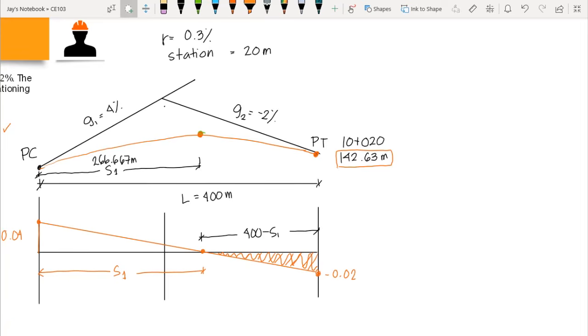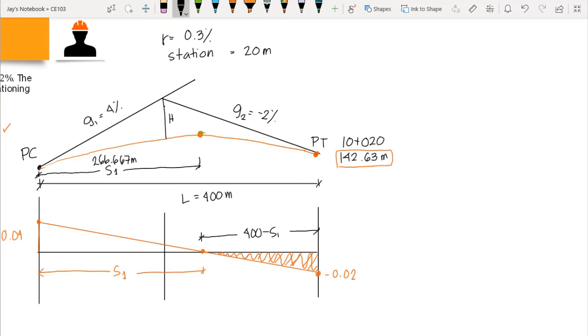Okay, so we will be computing first the value of H, this one, and then we use the square property of parabola, in which the relationship between the vertical offset from tangent to any point of the curve is proportional to the square of the distance.